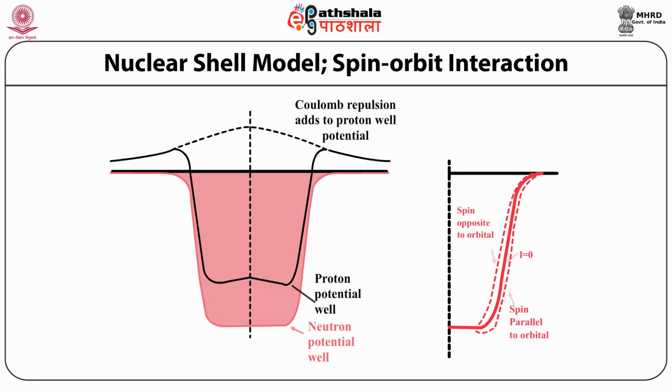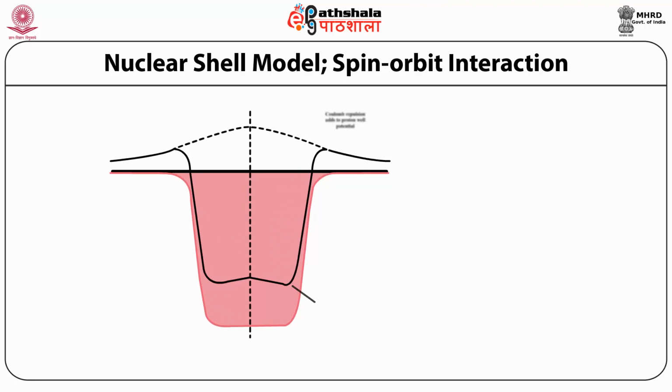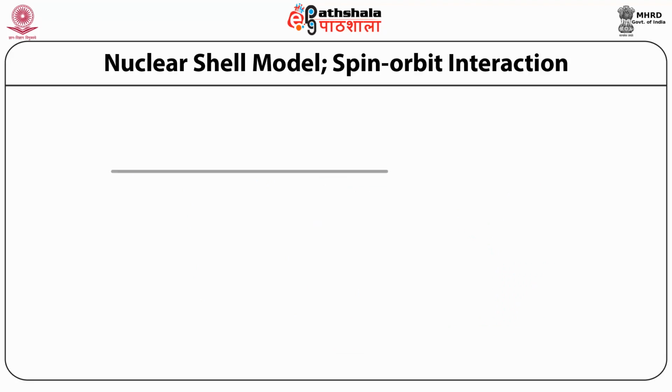But when the spin and orbital angular momentum are in the same direction, it results in a little expansion of the width of the nuclear potential. So depending upon the nature of the intrinsic spin angular momentum and orbital angular momentum, we have two different situations.